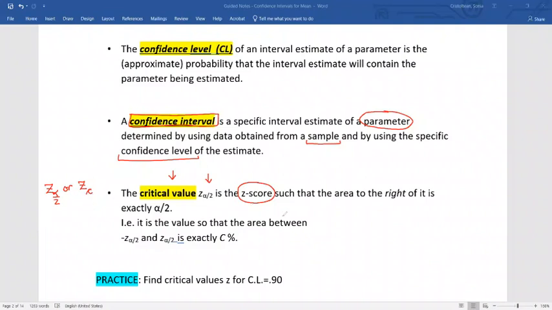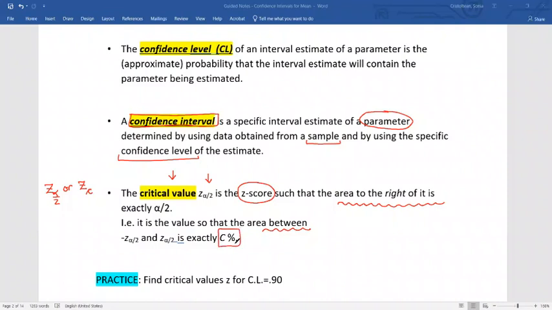But this means that the critical value, z alpha over 2 or z_c, is the z-score such that the area to the right of it is exactly alpha over 2, which means the area between the two critical values is exactly C. And C is the confidence level.